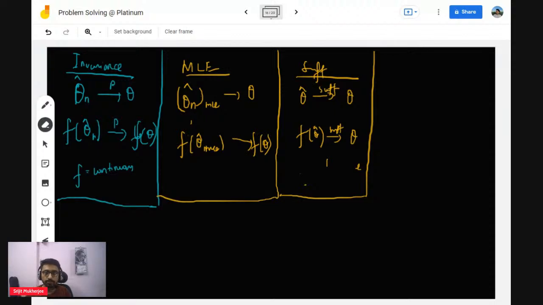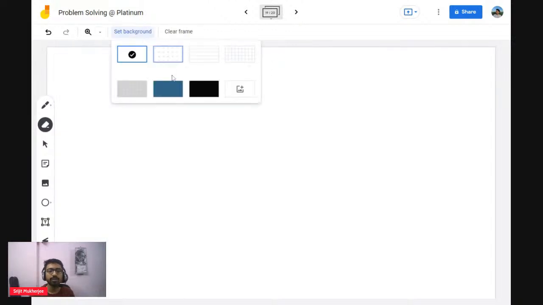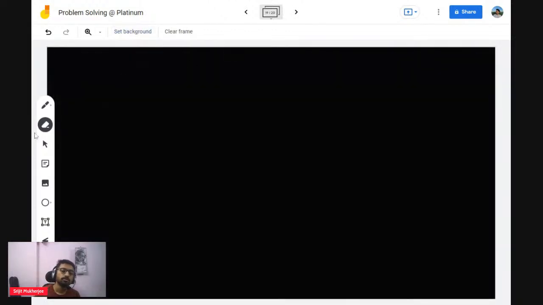The question is therefore, now the question to you is this. The final question, very good Romit. The final question is this, that if theta hat 1 is sufficient for theta and rho hat is sufficient for rho, okay?